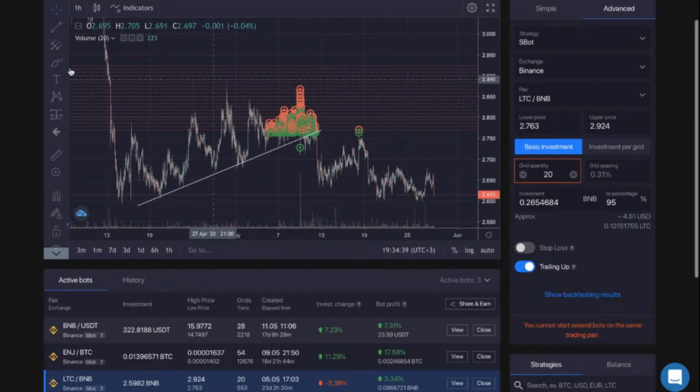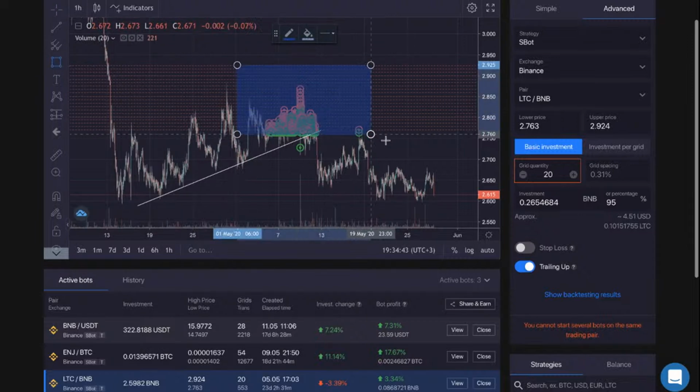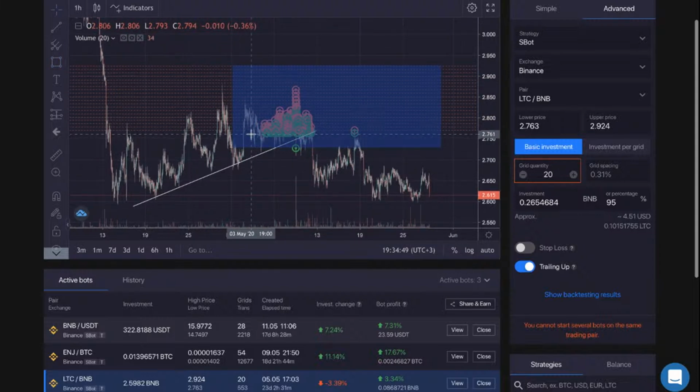My trading range was, at the time of the initiation, approximately here. So I had some buy limit orders and I had a wider sell zone because I expected the price to continue moving upwards.